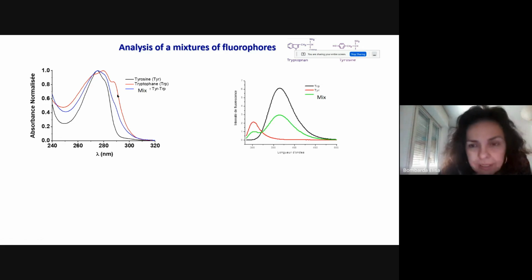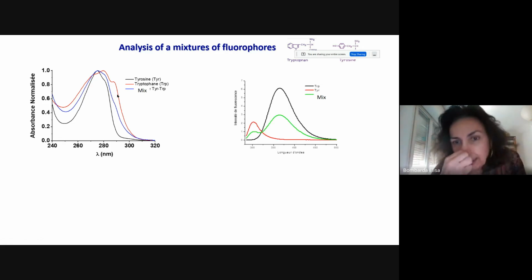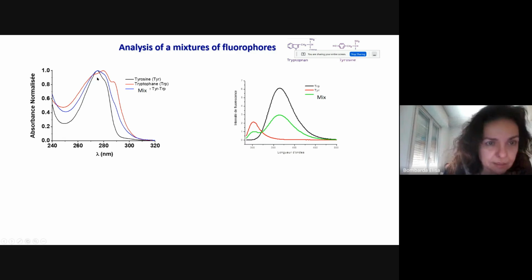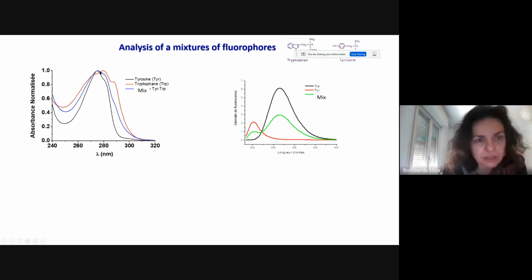So now we make the fluorescence. We excite at a wavelength where both absorb, for example 280, which is somehow the maximum for tryptophan, and close to the maximum for tyrosine, 276 or something like this.